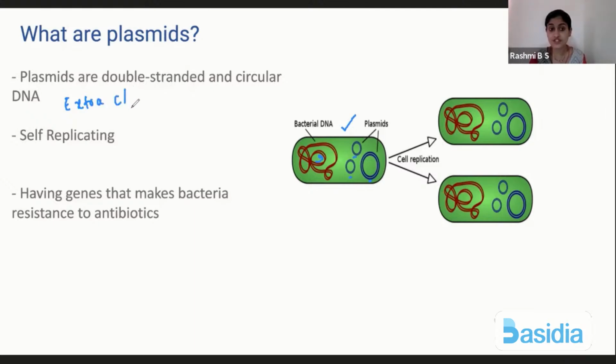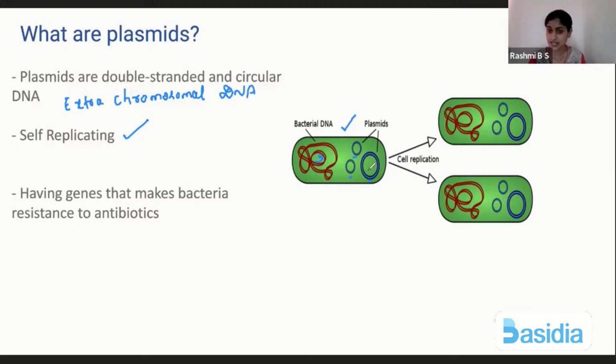Why is it extrachromosomal? It is other than the main DNA. That's why it is extrachromosomal DNA. They are not the main DNA, and their nature is circular and double stranded. One more important character: plasmids are self-replicating, meaning they can undergo replication.